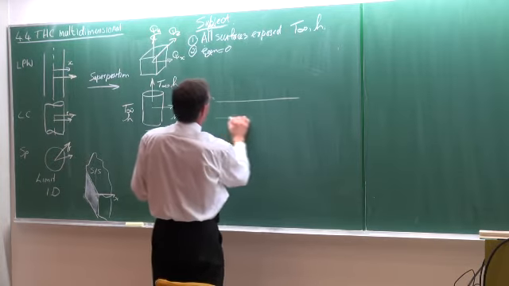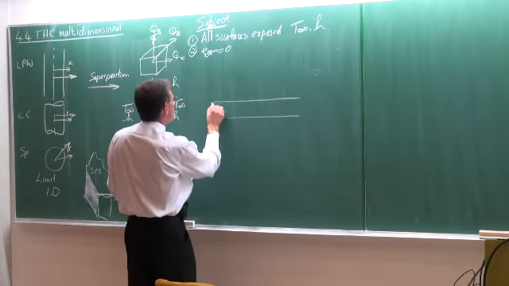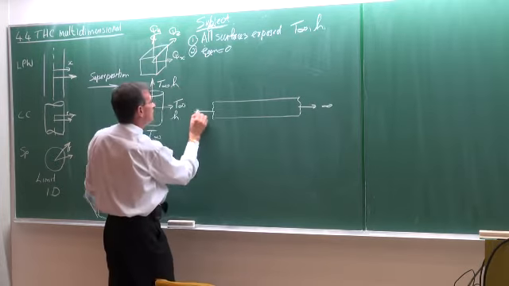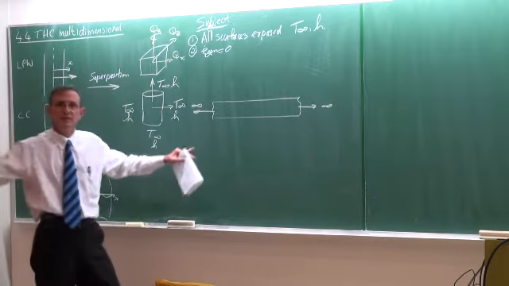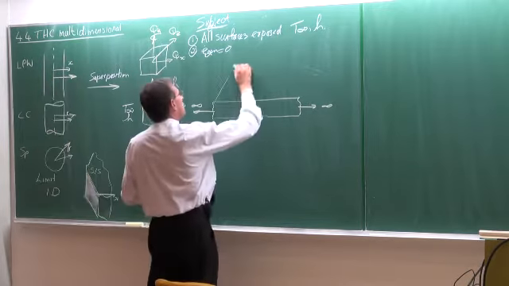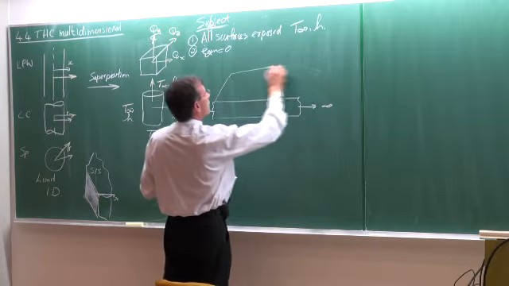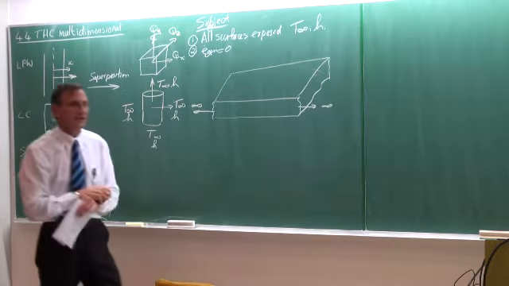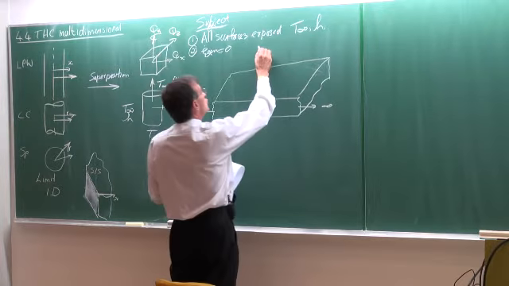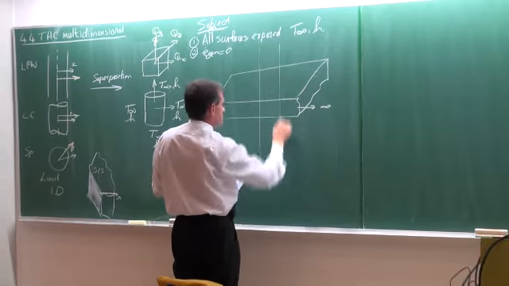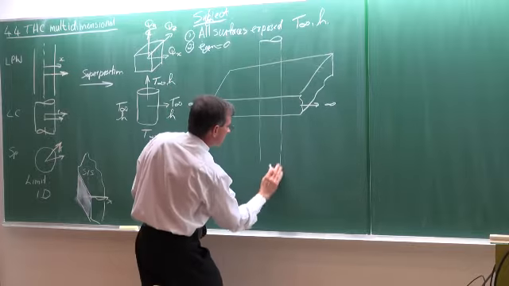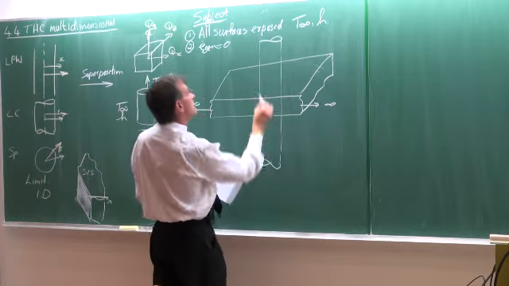This is now our long plane wall. Okay. Take note, that dimension should be very, very long. Okay, like that. And then the solution for the cylinder. Very, very long cylinder, and there's our cylinder.